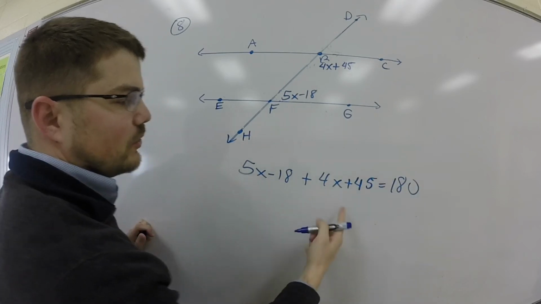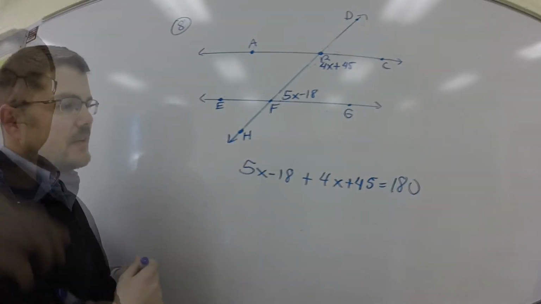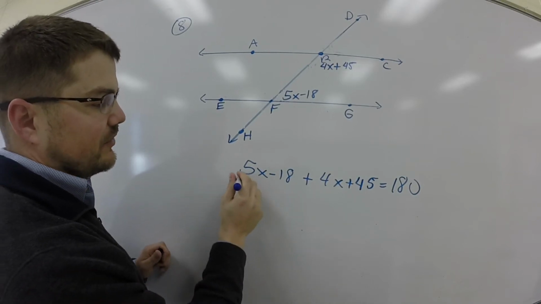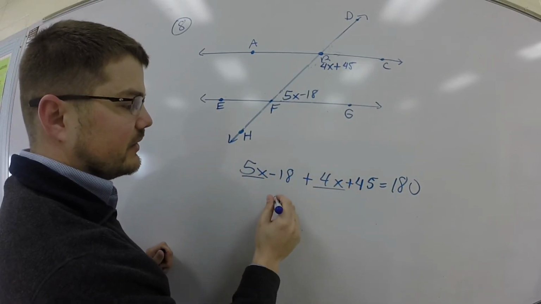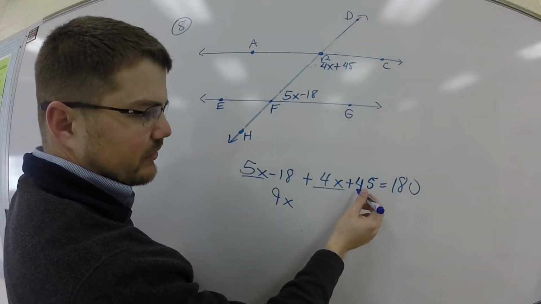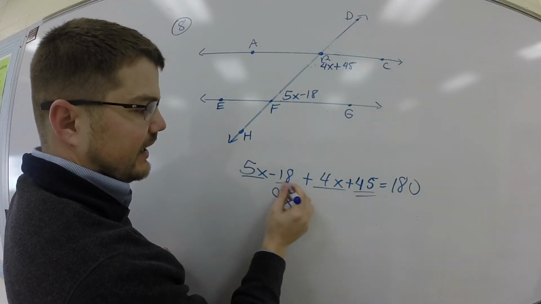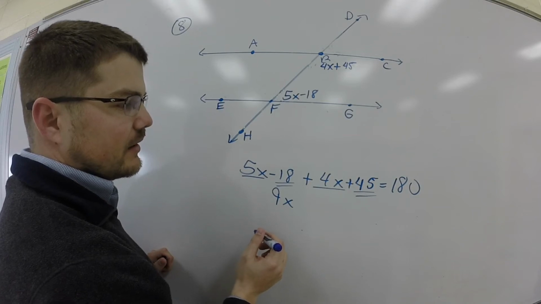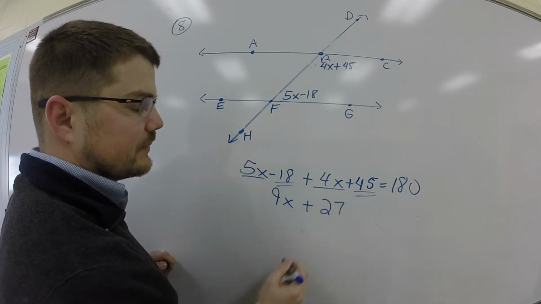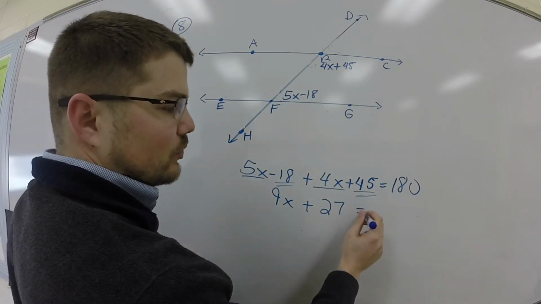Now let's solve this equation. Okay, so if we look on the left side, we have like terms we can put together. We have a positive 5x, a positive 4x, that gives me 9x. And we have a positive 45 and a negative 18. That's going to give me 27, plus 27 equals 180.